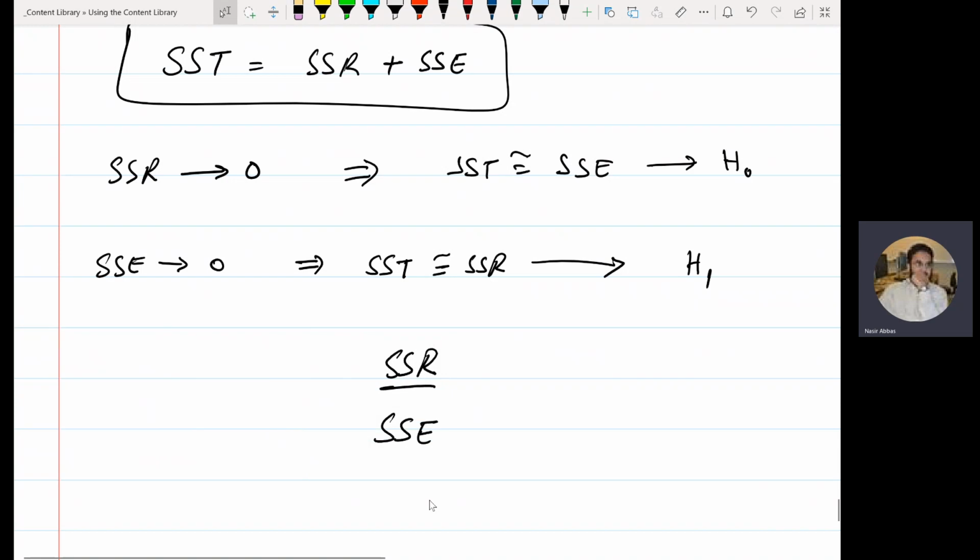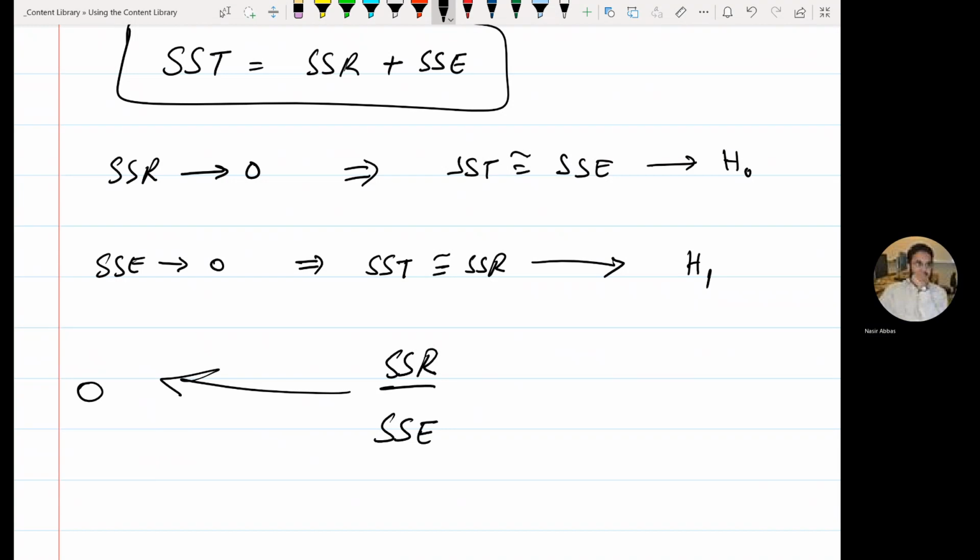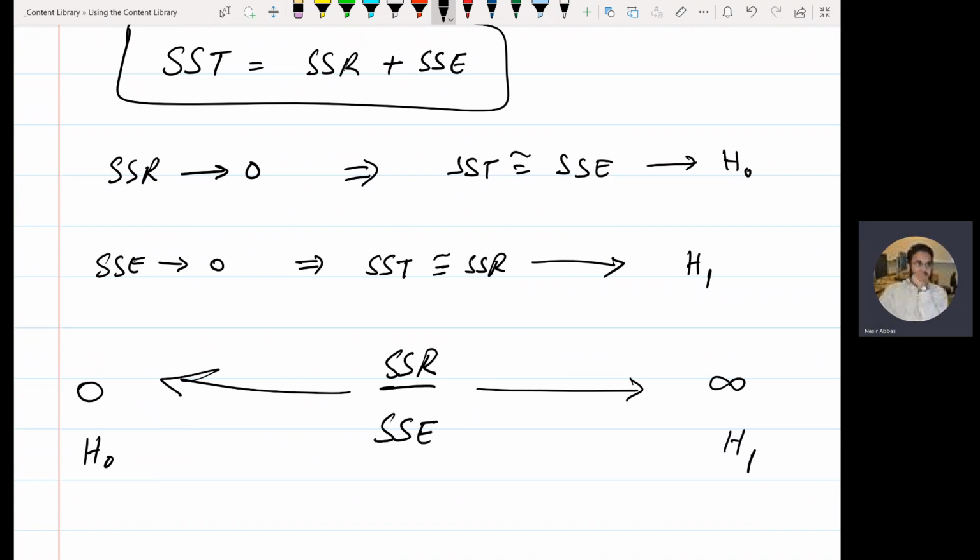And if SSE is 0, this ratio will go to what? Infinity. So this ratio of two sums of squares can stay anywhere between 0 and infinity, where 0 supports H0, infinity supports H1, correct?